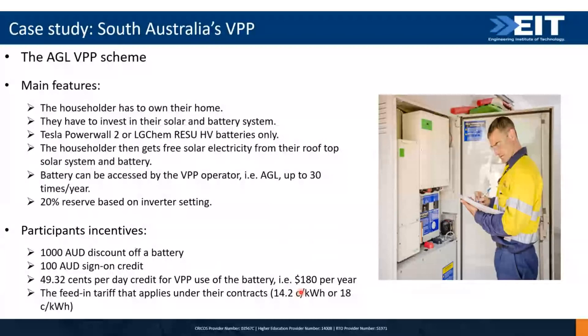Just because the battery owner accepted that the VPP operator can use the battery anytime they want, they get $180 per year. It doesn't matter if the battery is discharged or not. This is fixed money. But if the battery is discharged, the battery owner will also be paid as per the feed-in tariff. We can see the feed-in tariff here as well.